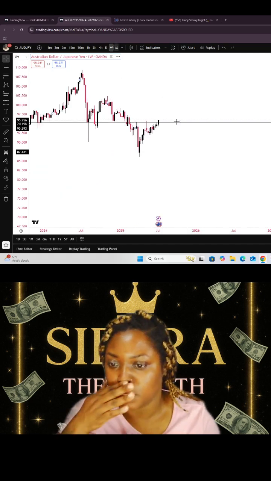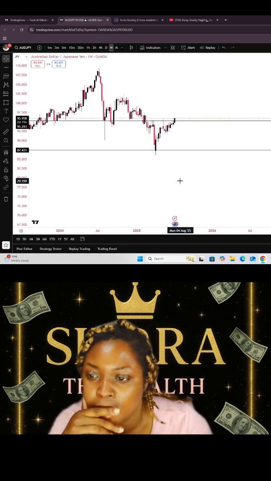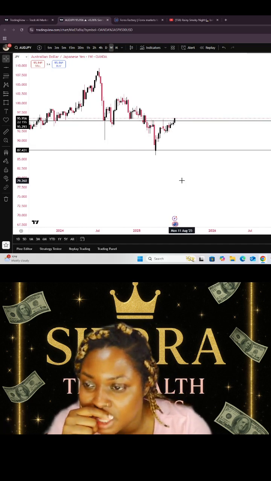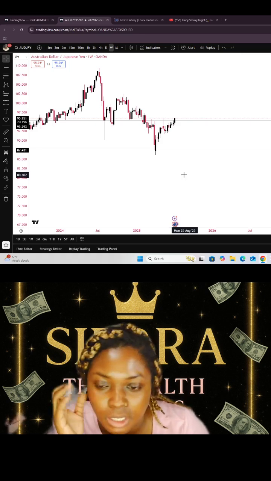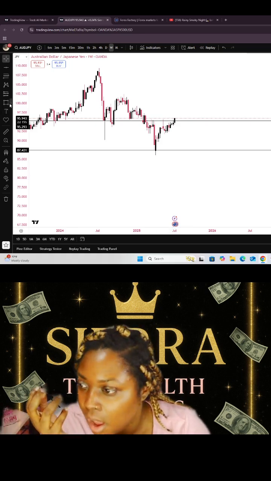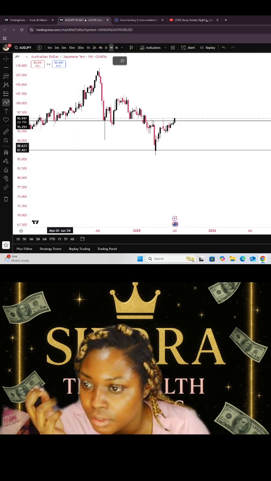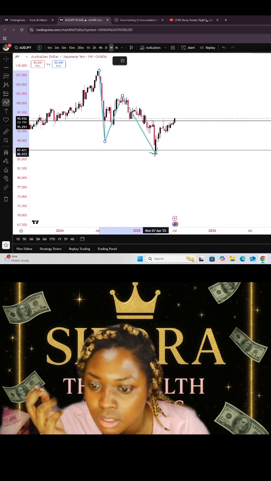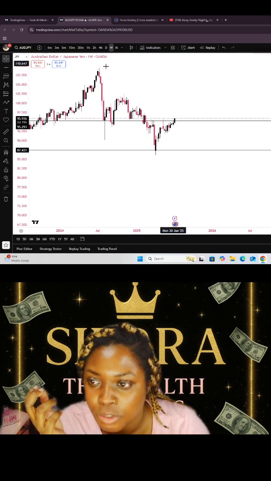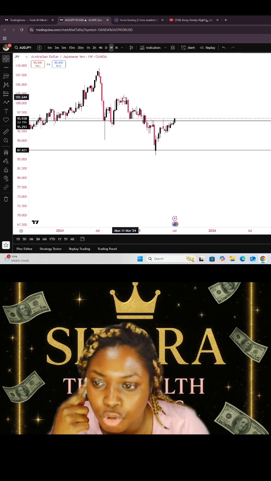Now I'm going to come down to my weekly. Okay. Now here on my weekly, I can mark a trend line because I see 2 rejection points and it looks like it's starting to form a downtrend here. We have this, and then this. So I have 1 point of rejection, 2 points of rejection.